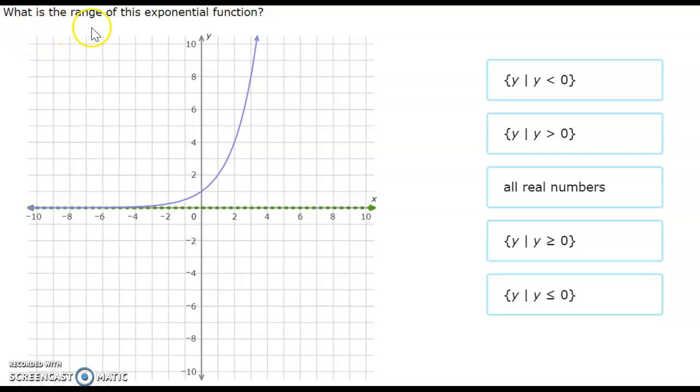Next example. What is the range of this exponential function? The range of an exponential function is found by first locating the horizontal asymptote. The graph is the purple curve. The horizontal asymptote is the green dashed line. That dashed line crosses the y-axis at y equals 0.